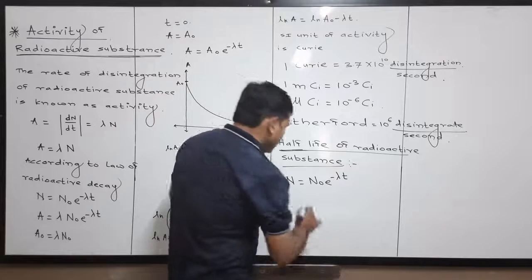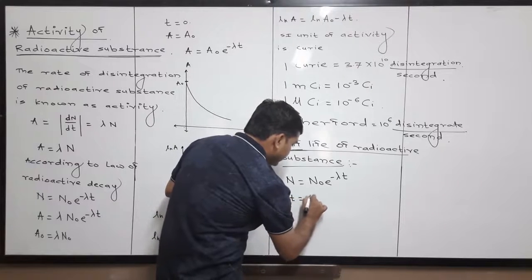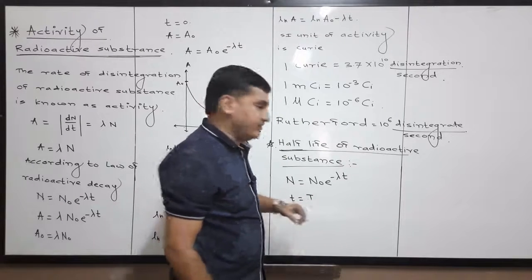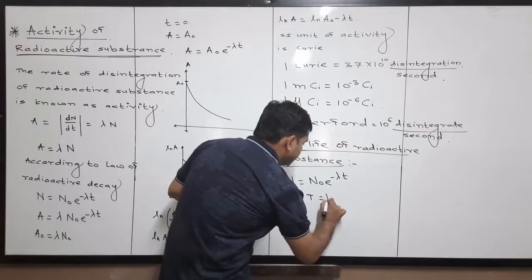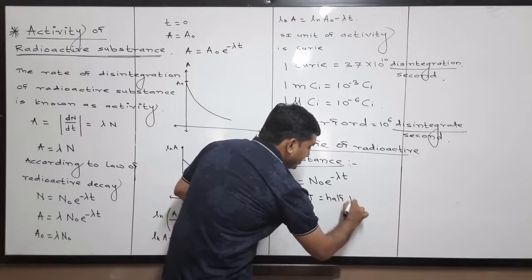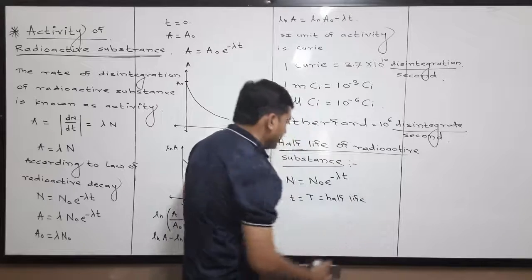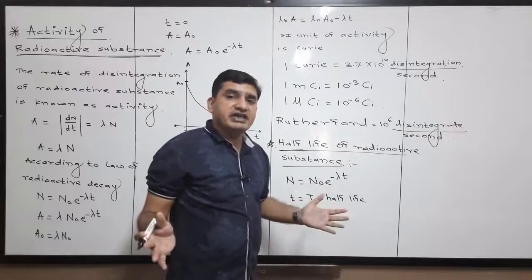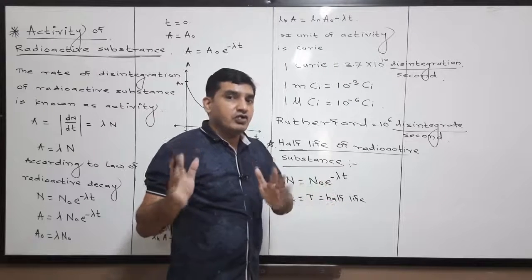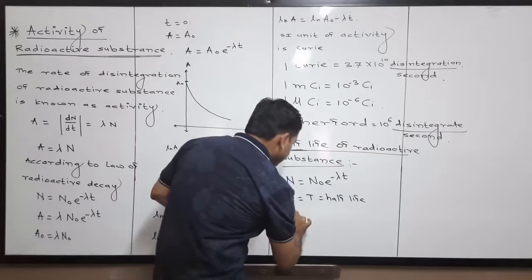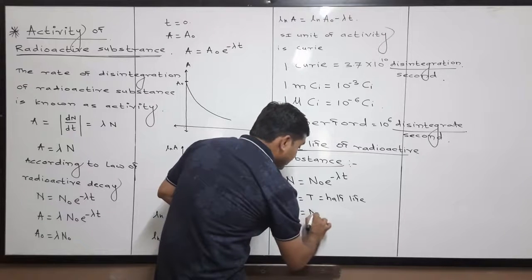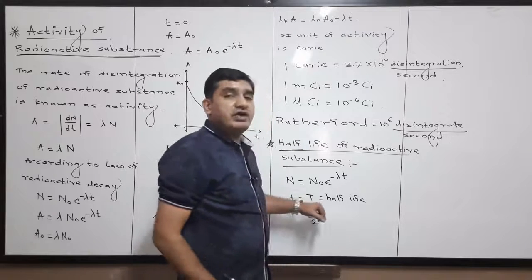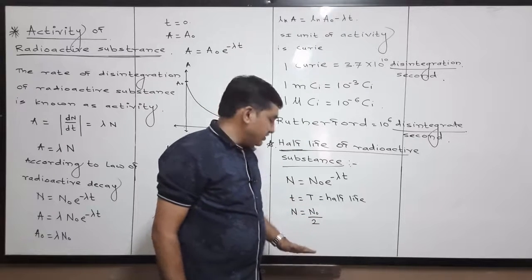If we consider small t equal to capital T, which is considered as the half life, the number of radioactive nuclei disintegrates to half of its original value, and therefore N is equal to N0 divided by 2.